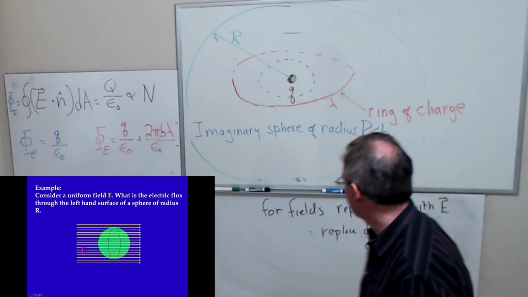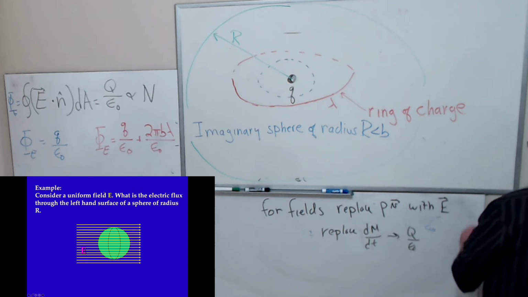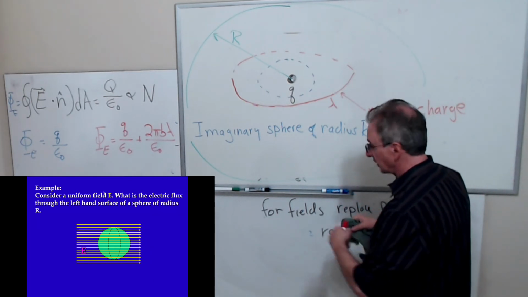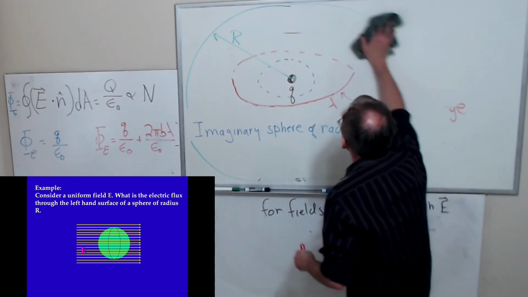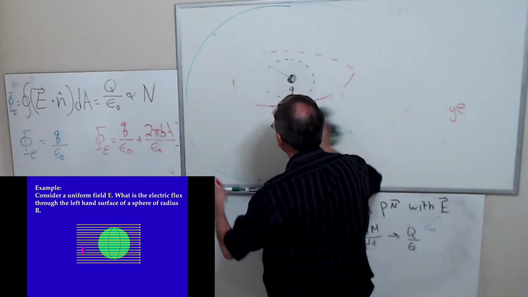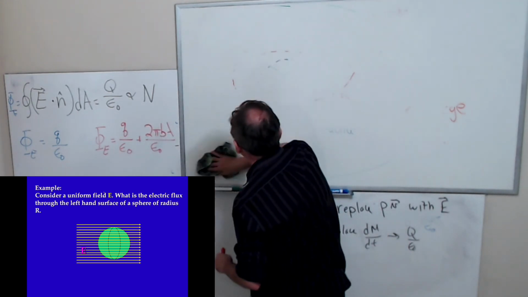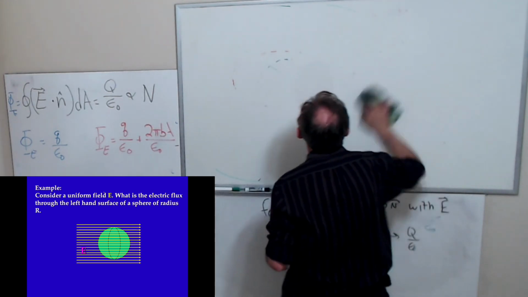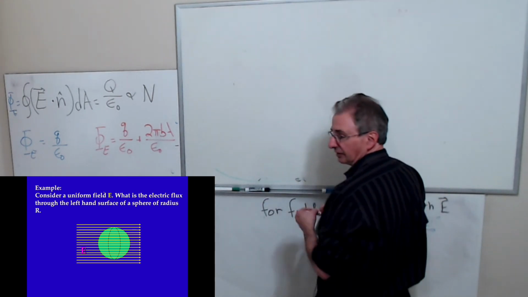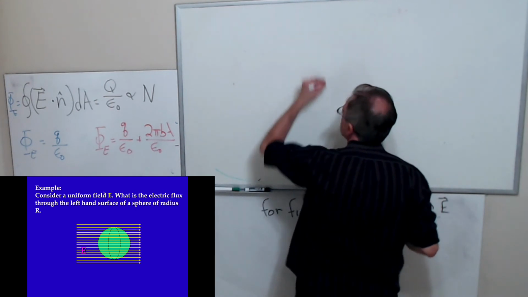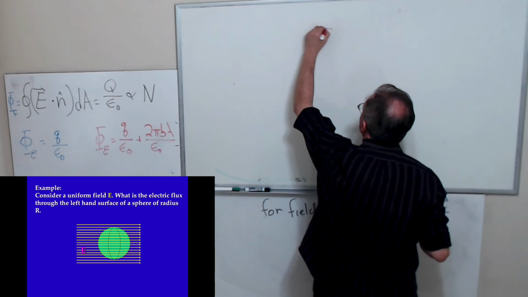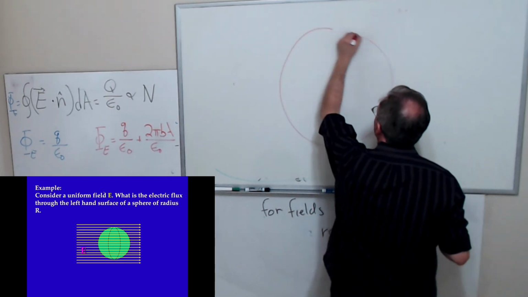That's what that integral tells me. Let's do another one. Suppose I have a sphere, a solid sphere. And I haven't said, by the way, that's Gauss's law. Suppose I have a solid sphere, or I'm sorry, not a solid sphere, just a spherical shell. Actually, it doesn't matter.